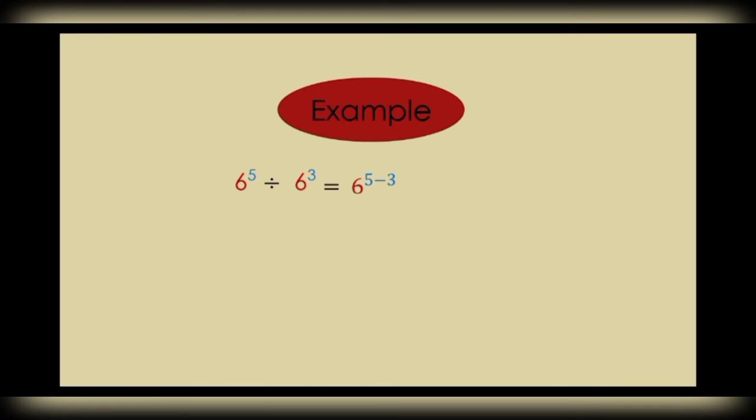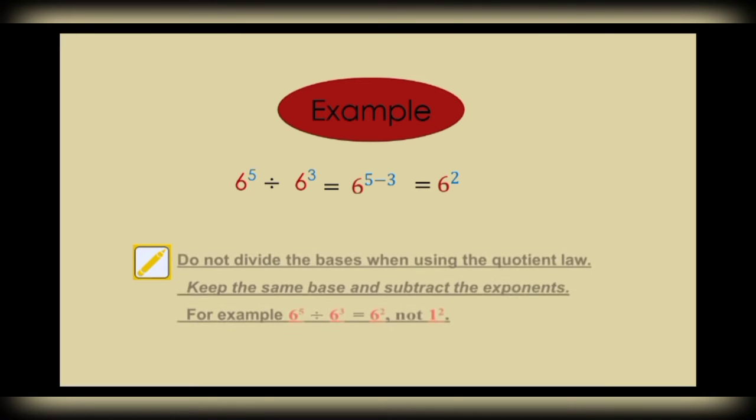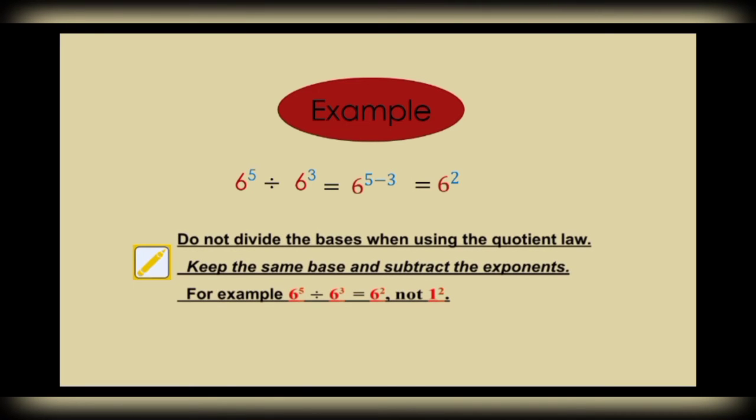So answer is 6 to the power of 2. Note, don't divide the bases when using the quotient law. Keep the same base and subtract the exponents. For example, 6 to the power of 5 divided by 6 to the power of 3 is equal to 6 square, not 1 square.